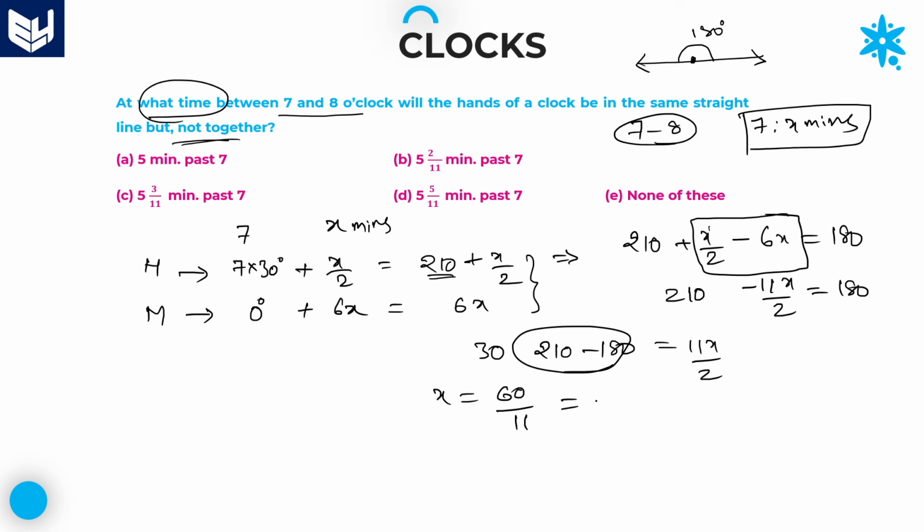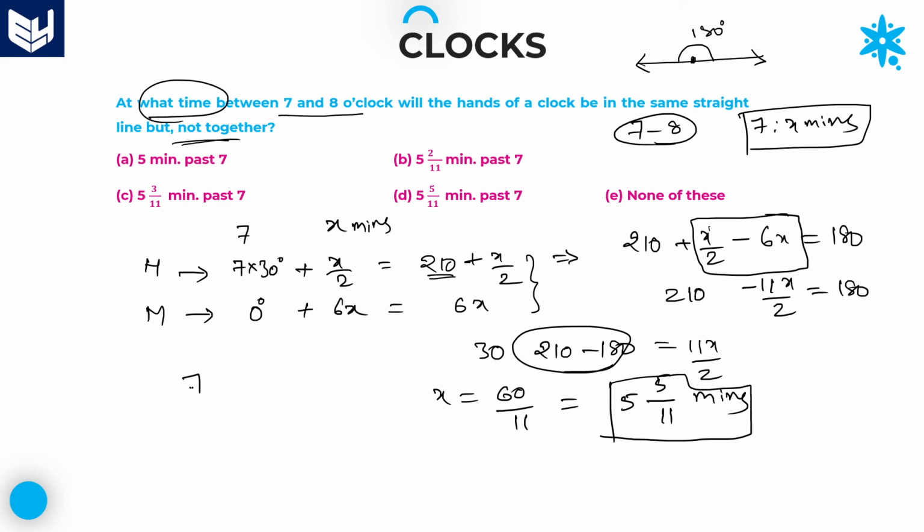60 by 11 minutes is nothing but 11 5s are 55, and 5 is the remainder, so 5 by 11 minutes. After 5 5 by 11 minutes, the two hands of the clock are in a straight line but not together, which means the angle between the two hands is 180 degrees.